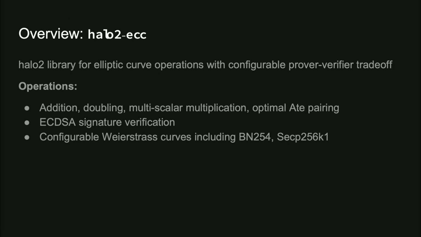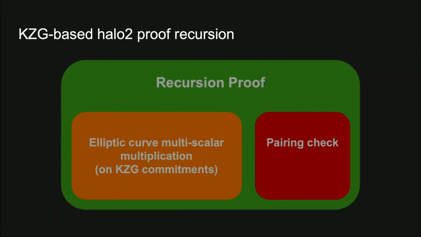And to give some motivation of where these circuits will be used, ECDSA needs no introduction. But another one is that we are using the KZG-based halo2 proving system, and that currently does not have recursion enabled.